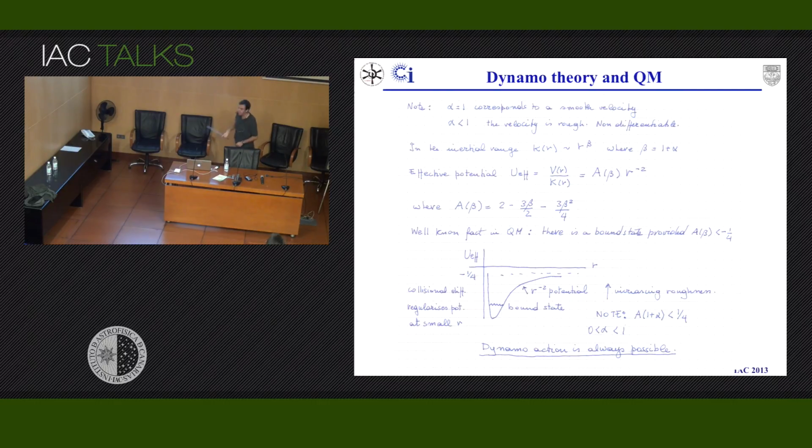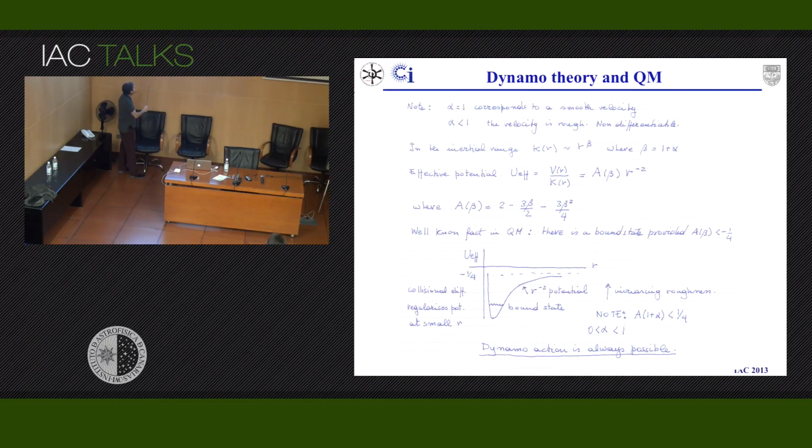And the question is, can I have a bound state in this potential? If I make eta too large, then eta starts eating up this part. It will move this renormalization that way. So if eta is too big, I don't have a bound state.